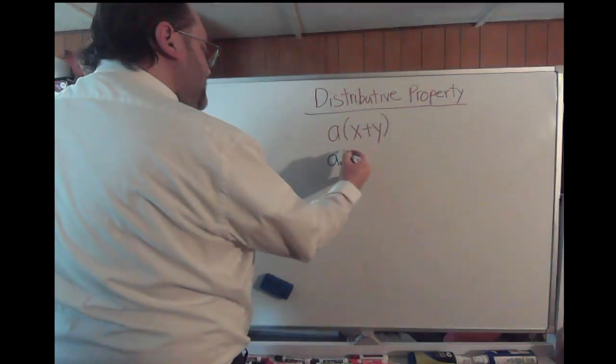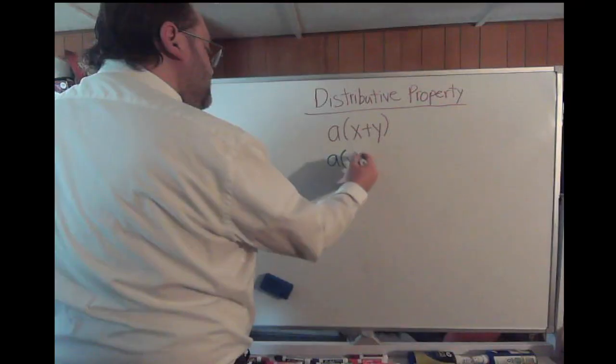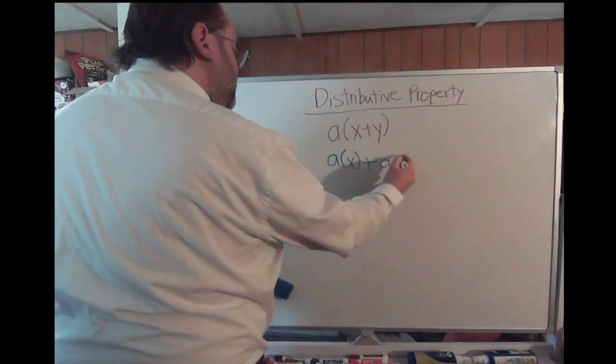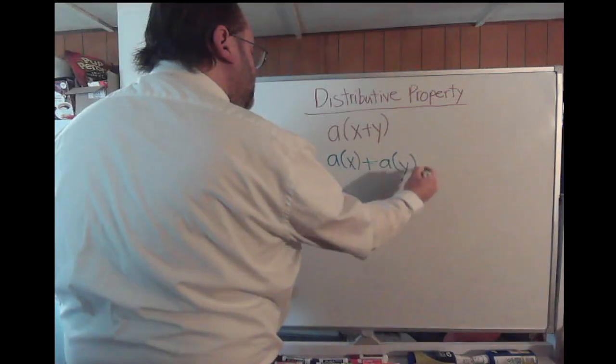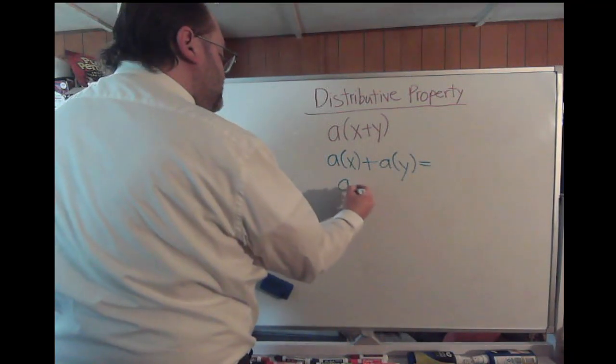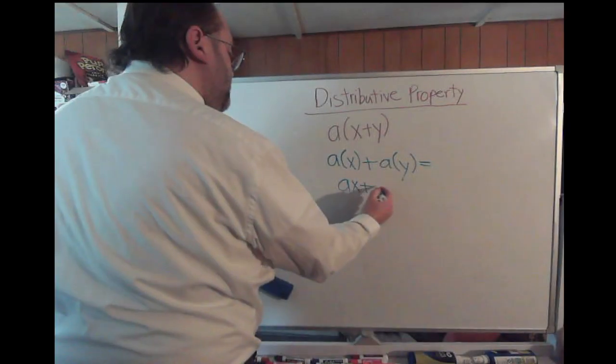So you would take a times x plus a times y. These are just arbitrary example numbers, which would give you ax plus ay.